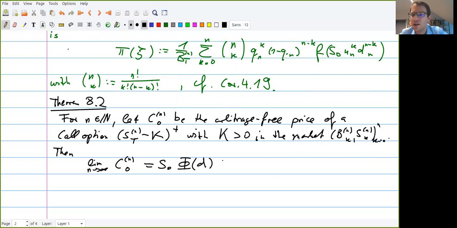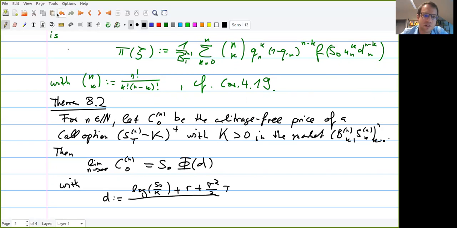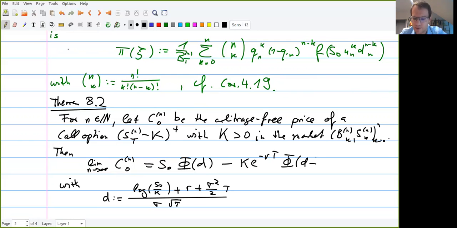So I have the initial value, then I have my distribution function evaluated at some point, and this point, I can tell you what d is. d is the log again, divided by sigma times the square root of T. Then that's d minus, K discounted, and then the normal distribution evaluated at d minus.